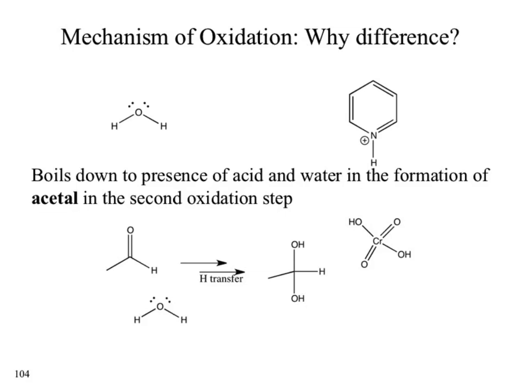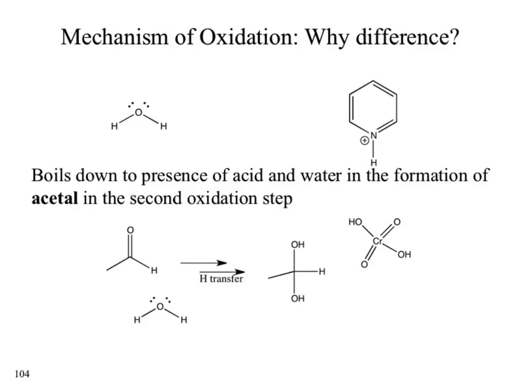So now why the difference between them? In the presence of water and a carbonyl, what happens? Water is a nucleophile, the carbonyl is an electrophile. I can form a hydrate. The hydrate has what functional groups? Alcohols. The alcohols are nucleophilic. Those nucleophilic alcohols can attack chromium a second time, and we reform our chromate ester.